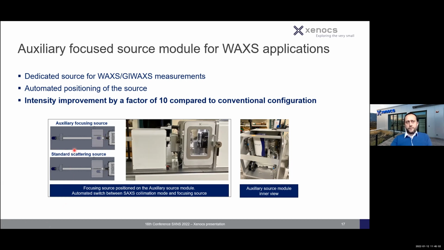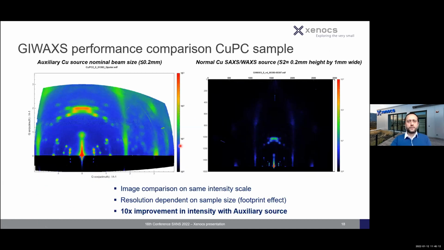With this setup, we can change between the standard collimation, the standard beam used for SAX, and a focused beam, for example for mapping WAX or for GWAX applications. We have been doing measurements recently showing that we can increase the intensity by an order of magnitude, because we use a focused beam in the incidence plane and are able to concentrate more photons.